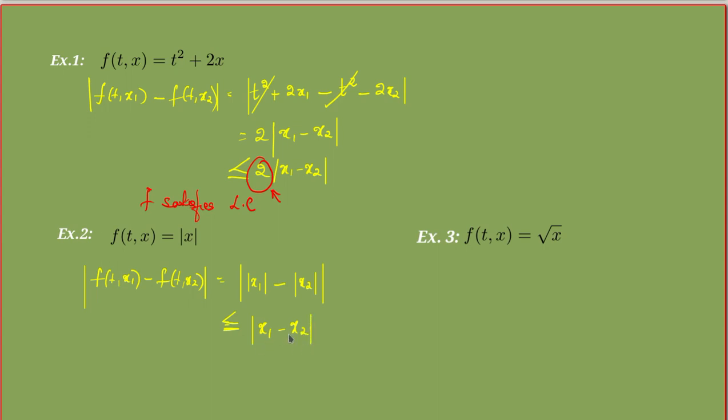This will definitely be less than this, giving us this function satisfying the Lipschitz condition here. This definitely is less than this because I have taken the mode of this minus the mode of this, which will definitely be less than this. Okay, so what happens here? This mode of x is Lipschitz continuous. Okay, so f satisfies Lipschitz continuity.